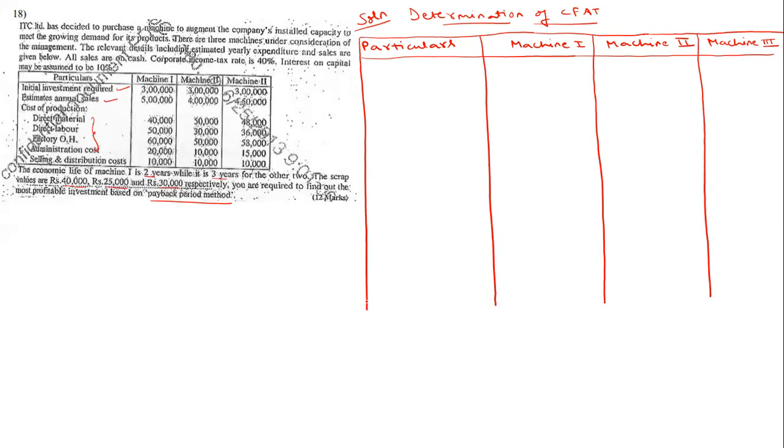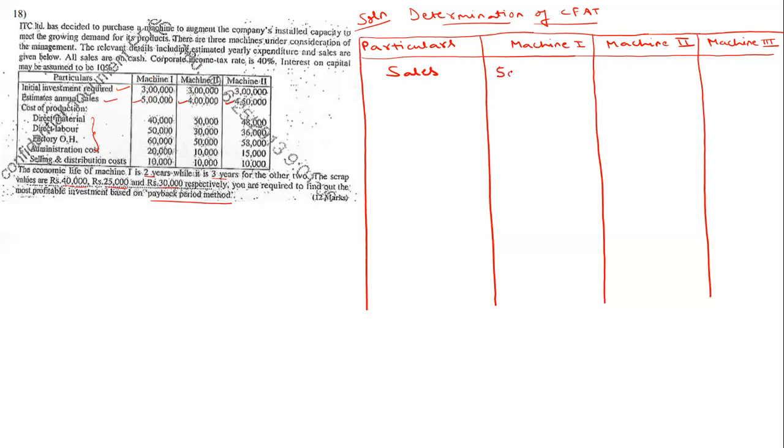Now we need to identify the cash flow after tax for this particular ITC Limited. We know that a company will be receiving the ultimate cash inflow from the sales, and it is already given here in the question. For machine 1 it is 5 lakhs, for machine 2, 4 lakhs, and for machine 3, 4.5 lakhs. So I'll be writing the same values here.